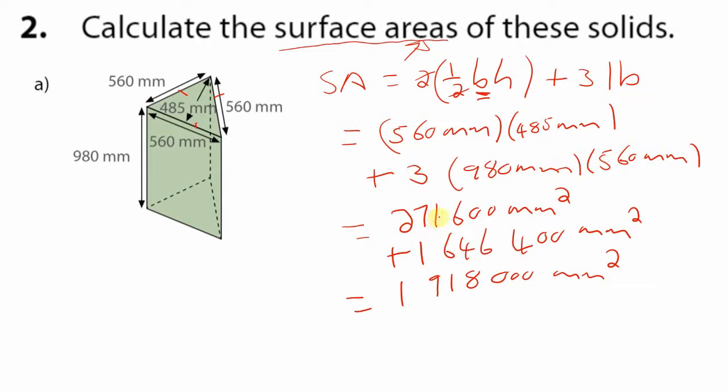Another way to actually think about the surface area is to think of this as something that needs to be gift wrapped. And the question is basically, how much paper are you going to need to gift wrap this object?